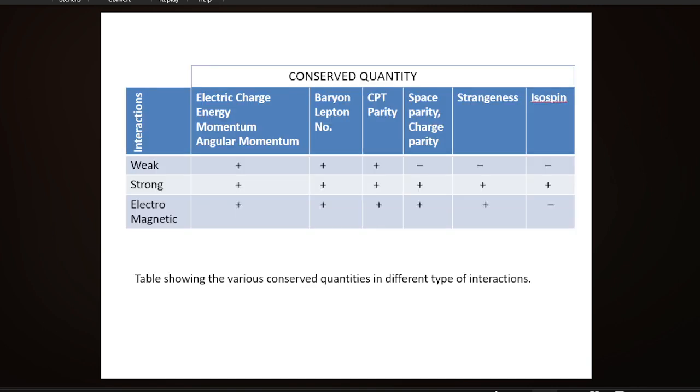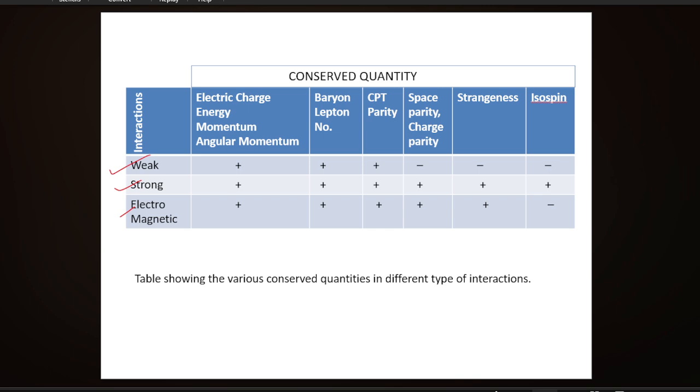Okay, you can see this table. This table has all the interactions written on it. All three interactions are the weak nuclear interaction, the strong nuclear interaction, and the last one is the electromagnetic interaction. In weak interaction, all the quantities except space parity, charge parity, strangeness, and isospin are conserved.